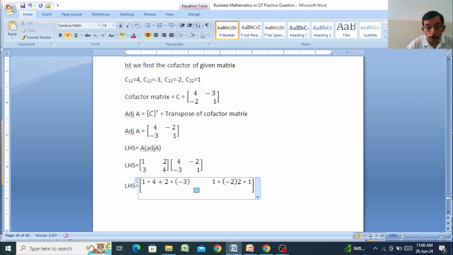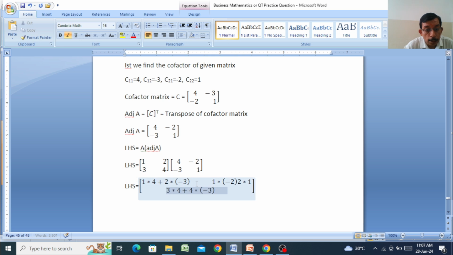If we multiply second row, first column, then we will get the first element of the second row. 3 multiplied by 4 plus the second element of the second row, 4, and the corresponding element is -3, 4 multiplied by -3. Now second row, first column multiplication is complete.